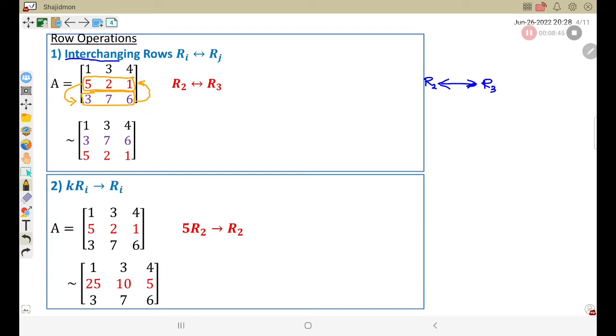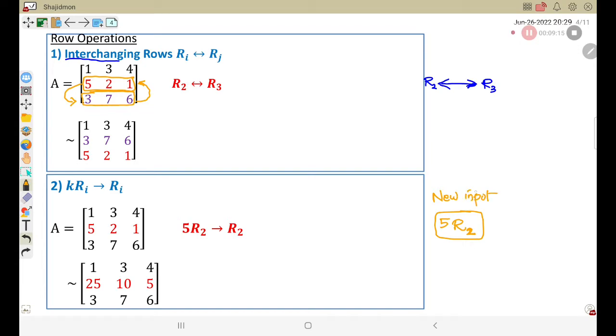Now the next one is a constant multiplied with a row: K times Ri gives Ri. That means if you have a row, for example R1 or R2 or R3, for example I am taking R2, and you want to multiply this row by a number, 5 multiply R2. This operation we call K Ri. This is the new input.